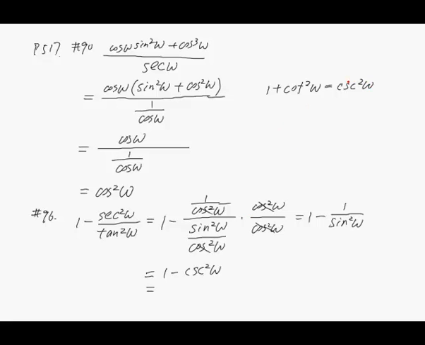So now you move this to the left side, you move this cotangent square to the right side, then you get 1 minus cosecant square w equal to negative cotangent square w. So finally, we get negative cotangent square w. And then done.